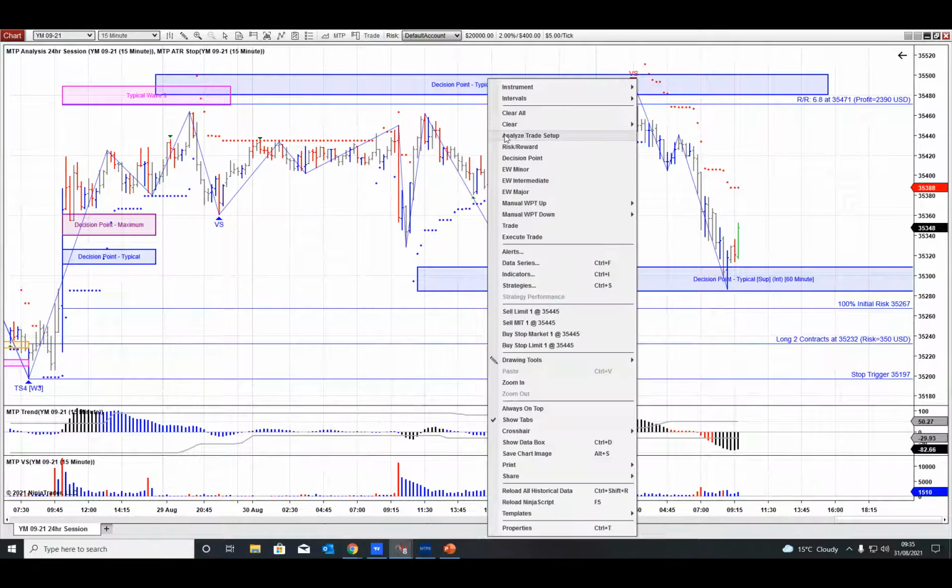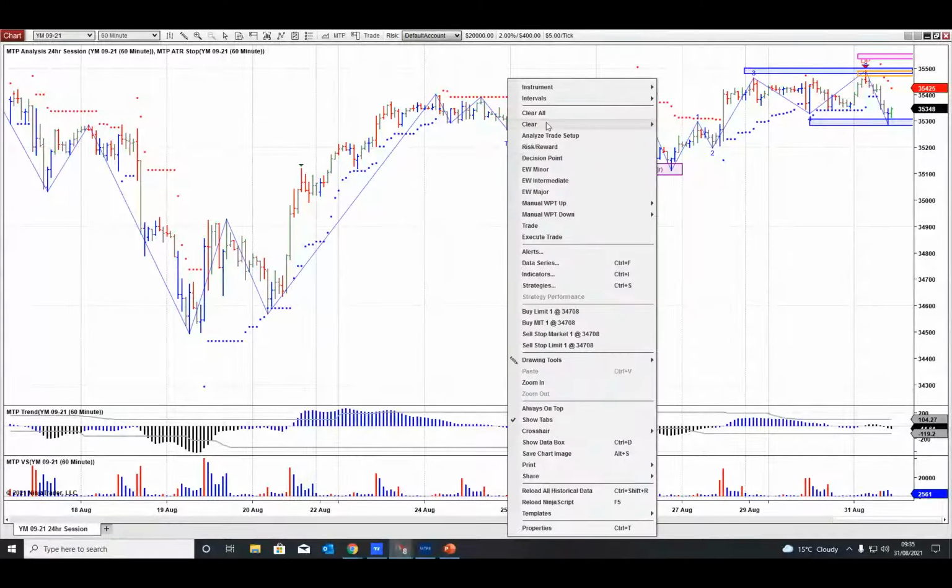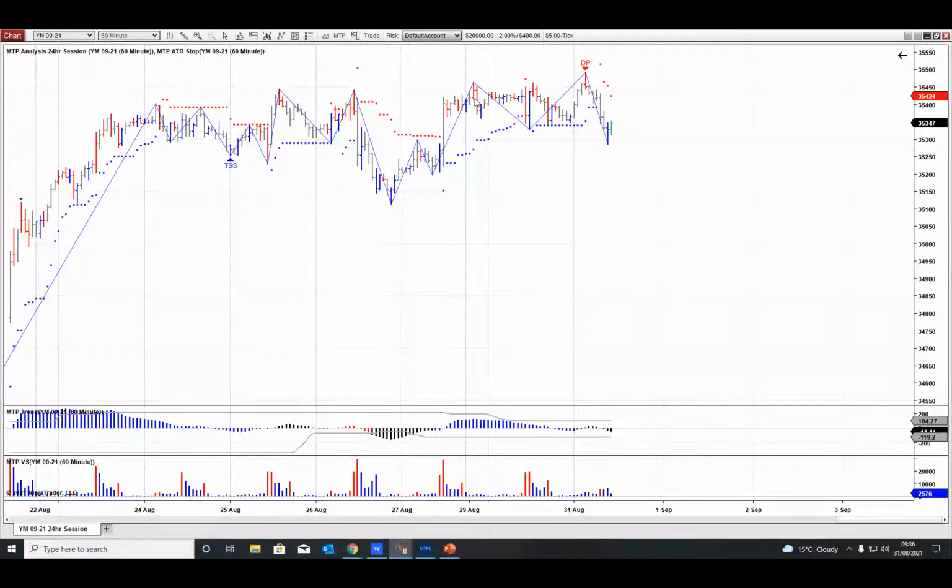We're not looking to trade 100% of the time. We're looking to go to the higher time frame chart. We're then looking to place our DPs on the higher time frame chart. We're then looking to see whether the market makes a reversal off the projected DP levels. If it does, we then deem that the picture's clear.